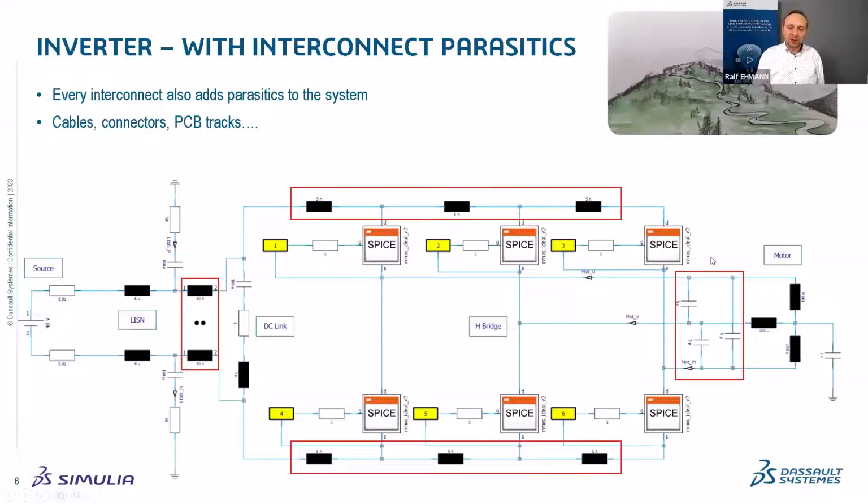And there will be maybe some parasitic couplings of the bus bars, which I have modeled here as capacitors. So if we add all of these parasitic values, not only of the components, but also of the interconnects itself, we can build an EMC simulation model.